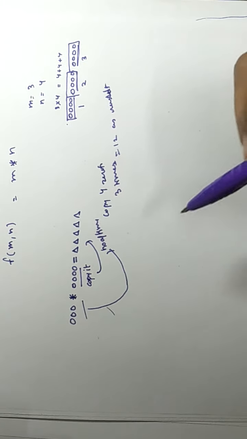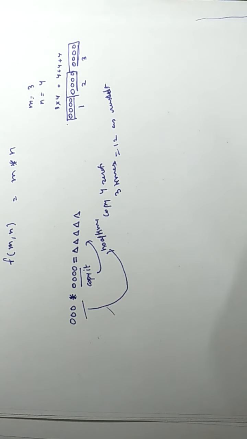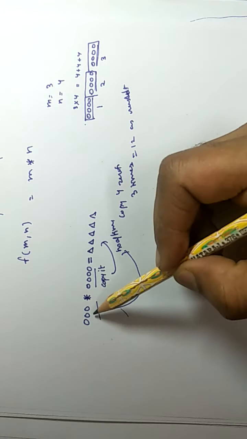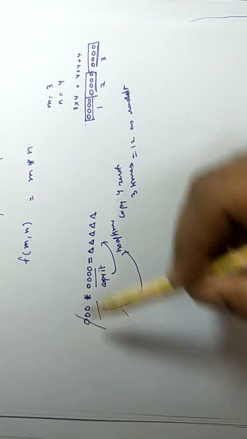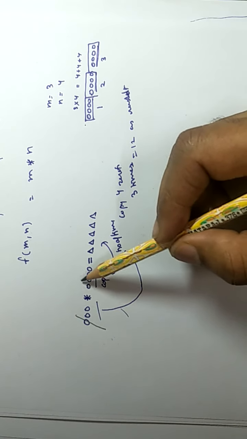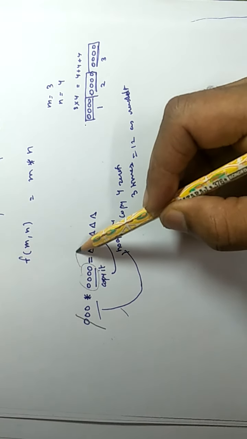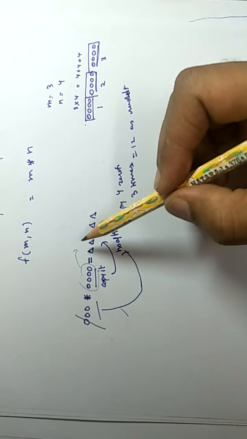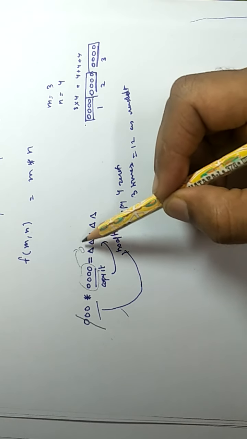So how will we do it? We will mark it, meaning that we are going to copy this here. When we mark it, it means that we will copy it one time.